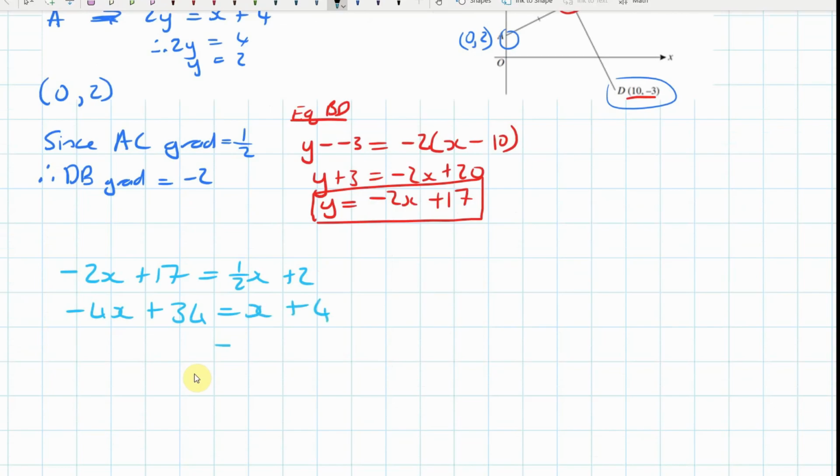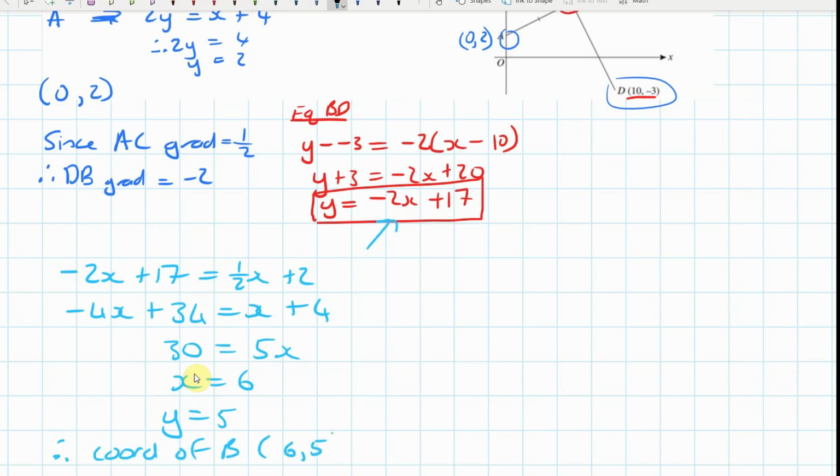I'm going to bring the x's over to the right hand side, and then I can see that x is equal to 6. And therefore y is equal to, now to find my y value I can just put it in here. So -2 times 6 plus 17, positive 5.